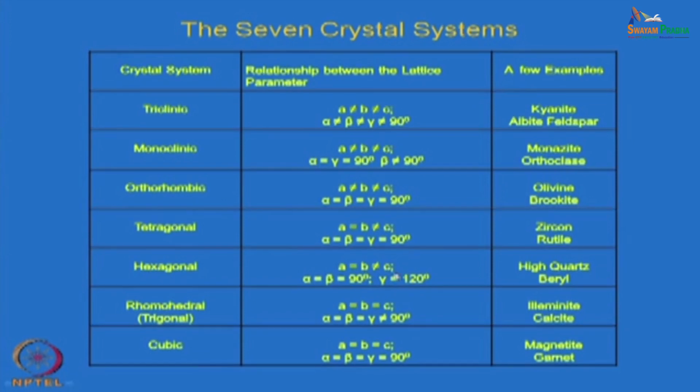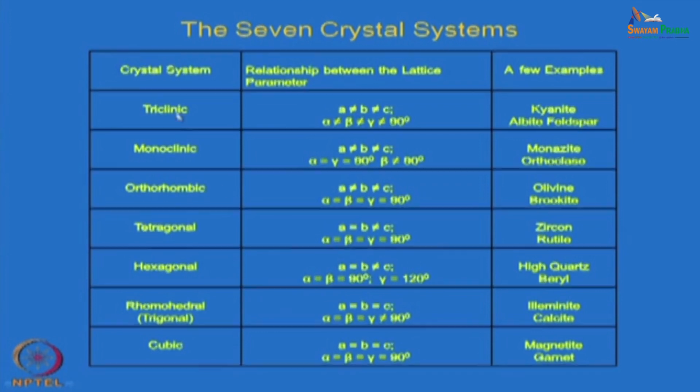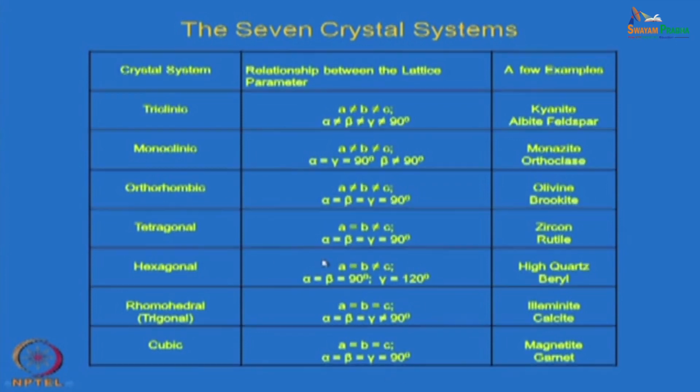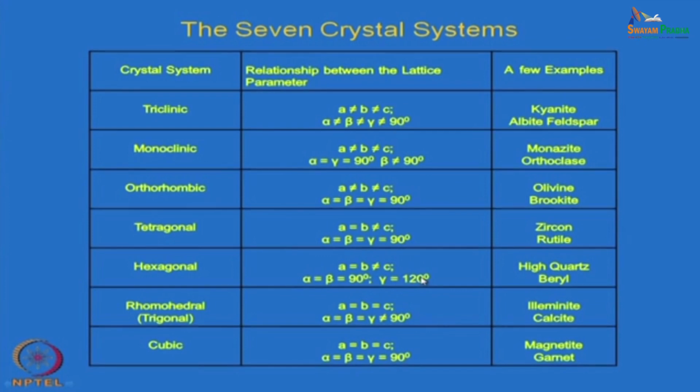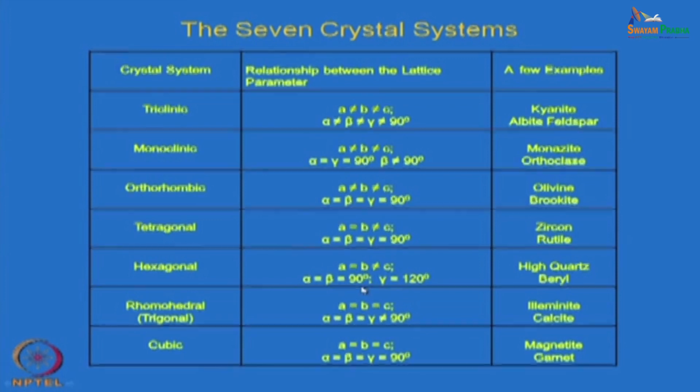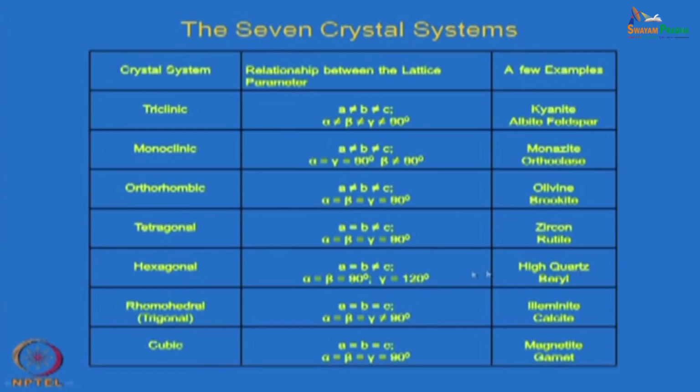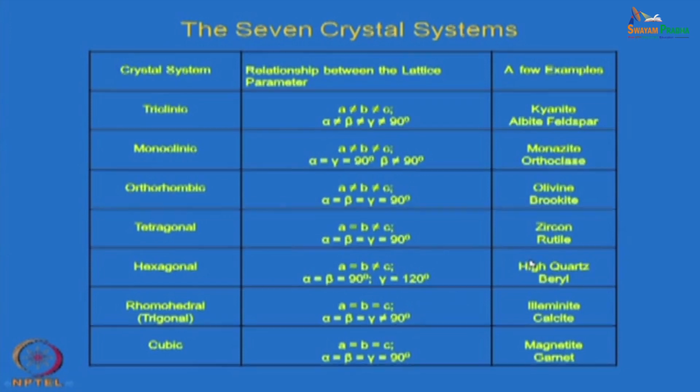So, it is a slightly different geometry than any of the other ones. So, hexagonal has this kind of relationship between its axes. Sometimes hexagonal is also described in a slightly different way, instead of A, B, C, it is described as A1, A2, A3 and C. Okay. Anyway, we are not going to discuss the details of that.